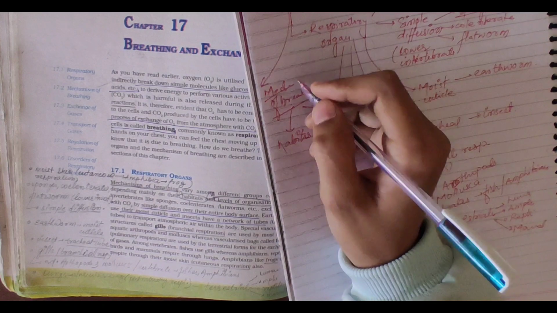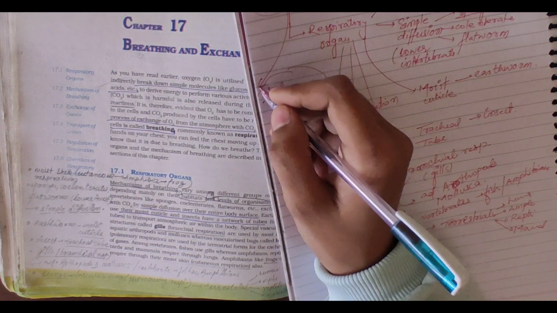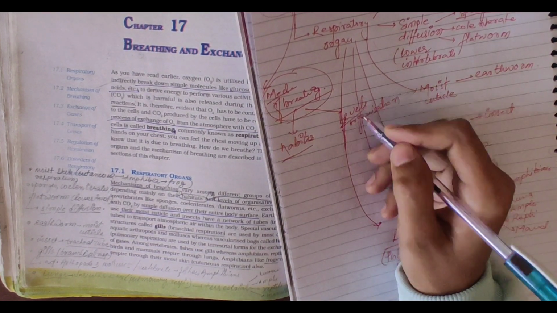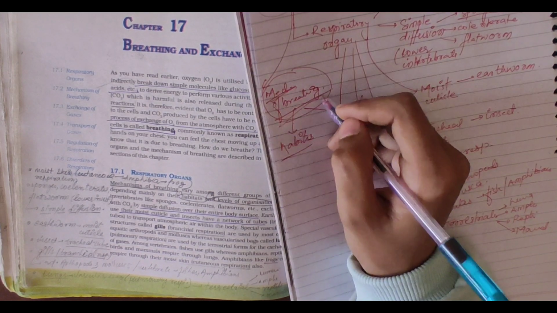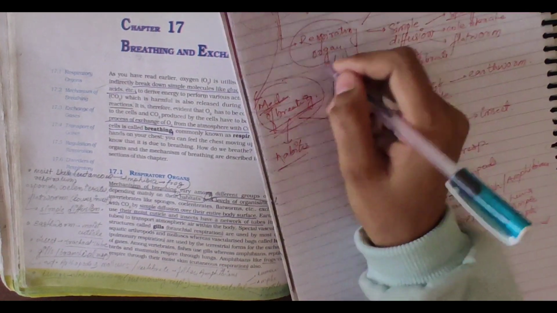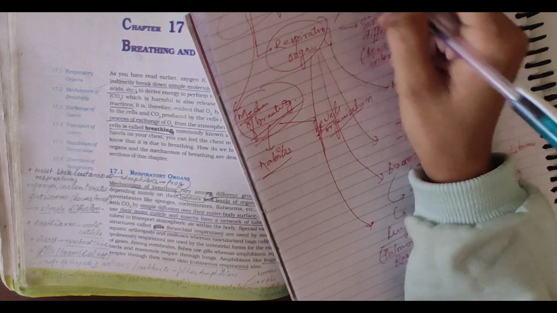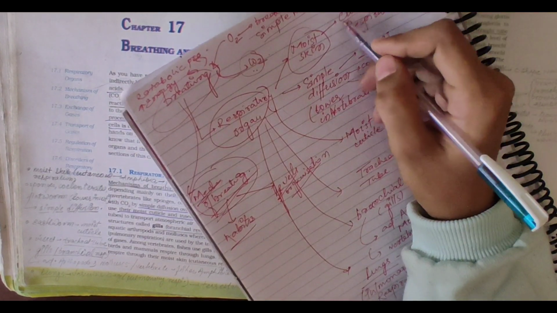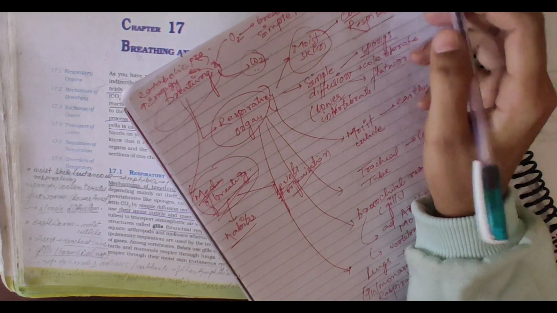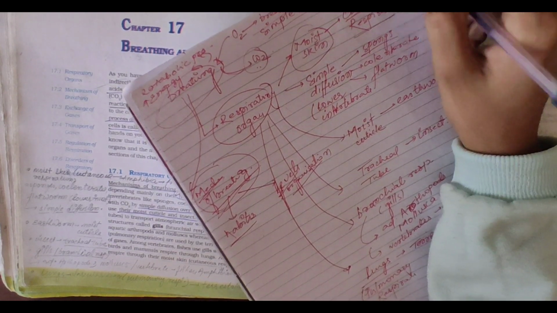Now there are mechanisms based on the habitat and level of organization. We have different mechanisms of breathing. Now we have different respiratory organs, first is moist skin, which is seen in cutaneous respiration. This is found in frog and amphibians.